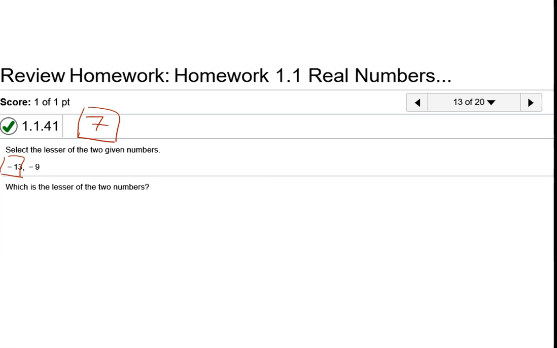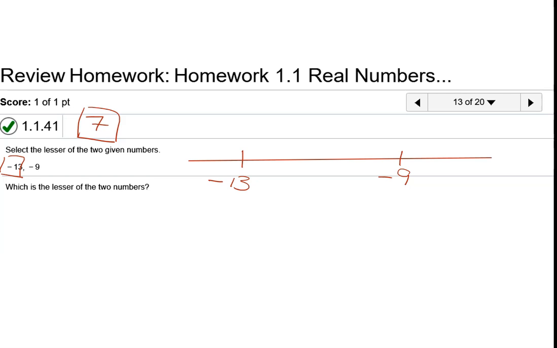Again, if we were to put these on a number line, and that's always a good way to compare numbers, -13 would be there, -9 would be there, sort of, and anything to the right of something on the number line is greater than anything to the left. So the lesser would be what would be on the left.